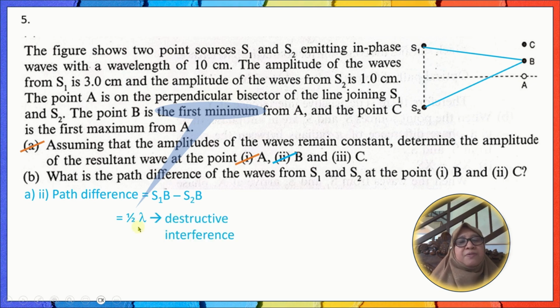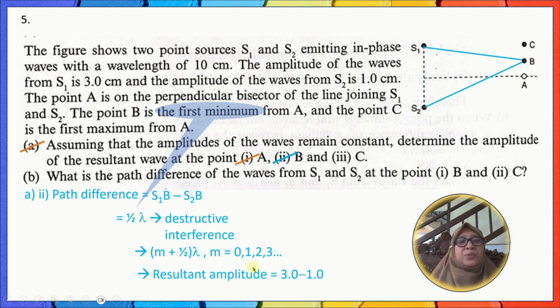Half lambda means the interference is destructive, so it is a dark fringe at B. For the first minimum, m is 0.